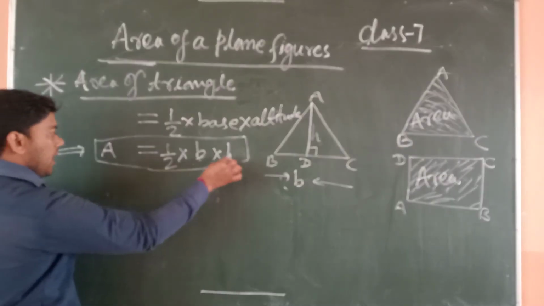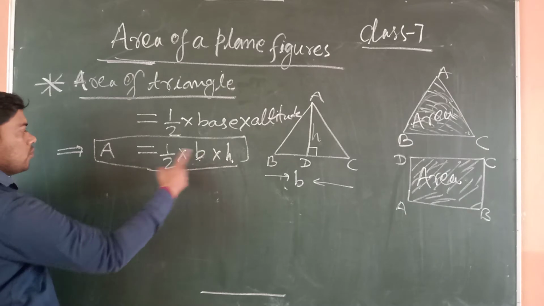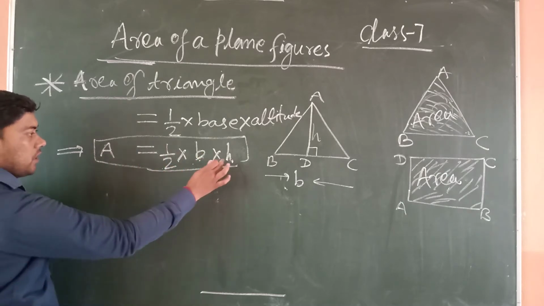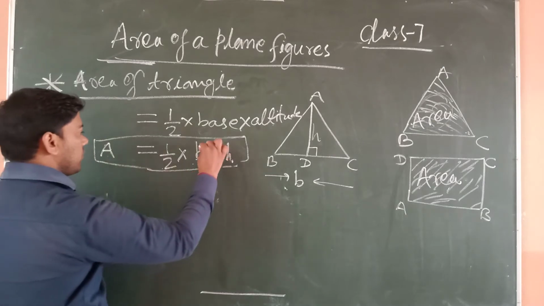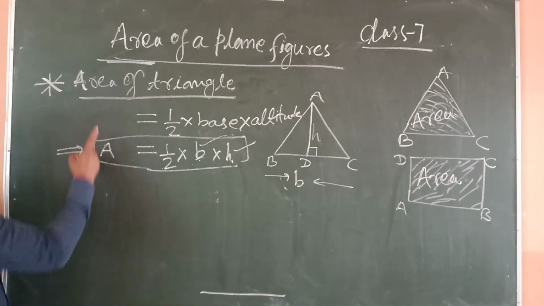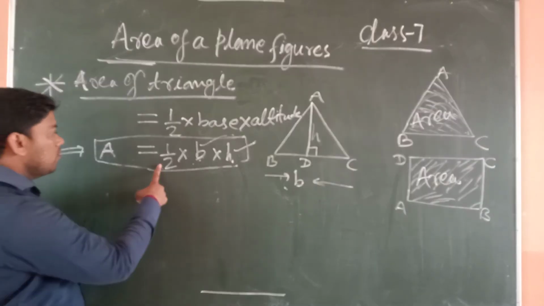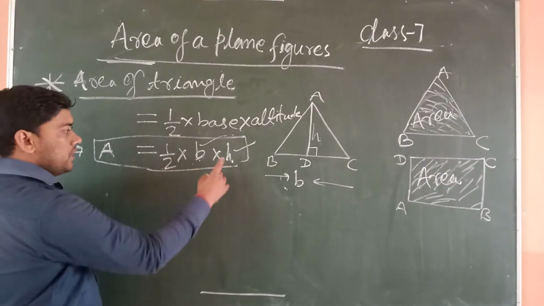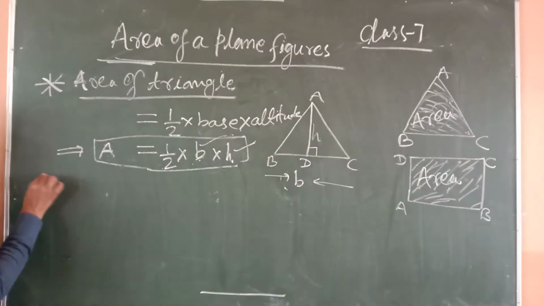Area, base and height are unknown quantities; if any two of them are given, the third we can find. No need to remember separate formulas for base and height. Keep only a single formula in mind: area is equal to 1 upon 2 into base into height.